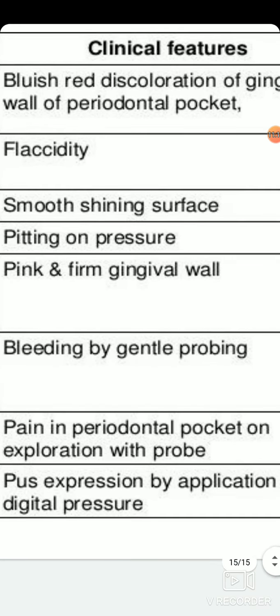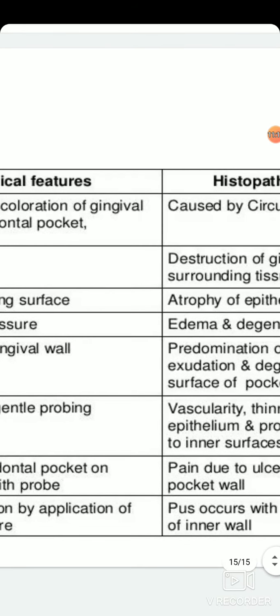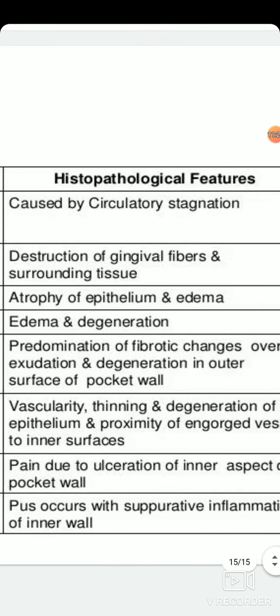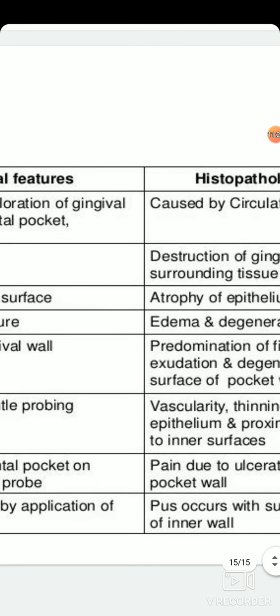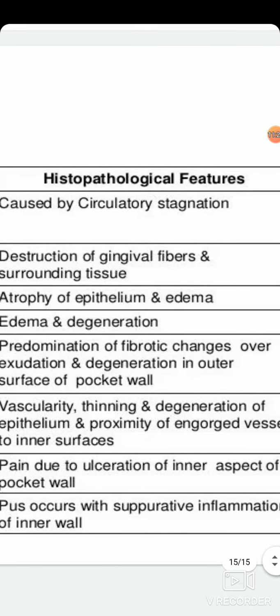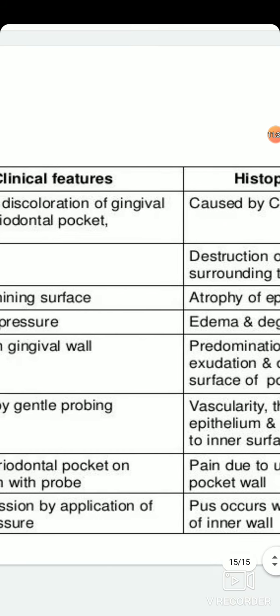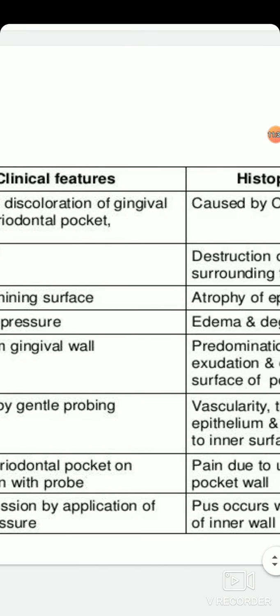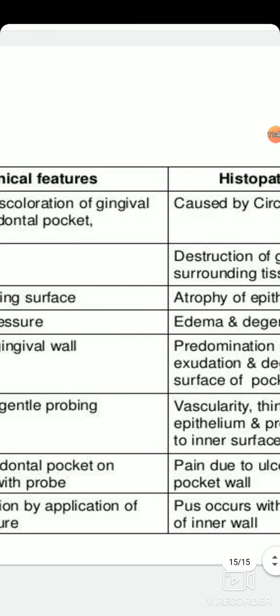Pitting on pressure corresponds to edema and degenerative changes. Firm and pink gingival walls indicate a predominance of fibrotic changes over exudation and degeneration in the outer surface of the pocket. Bleeding on gentle probing corresponds to vascularity, thinning and degeneration of epithelium, and proximity of engorged vessels to the inner surface.